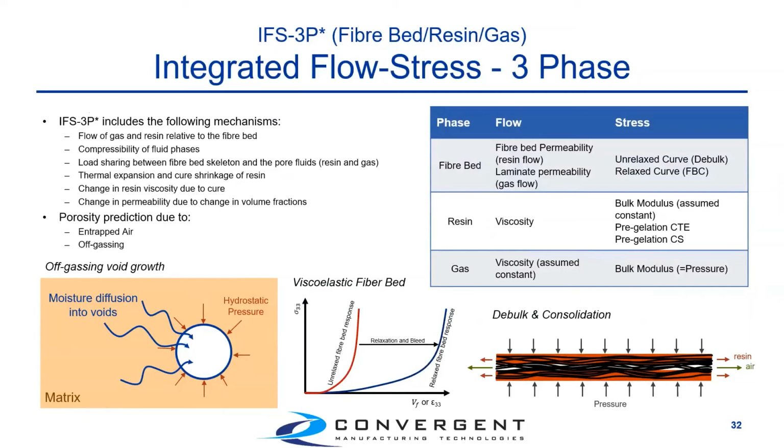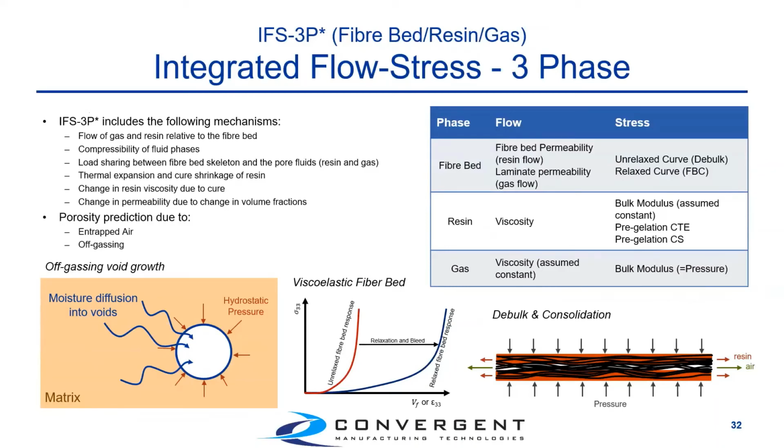One of the advanced types of simulations that can be done using COMPRO is the integrated flow stress. The aim of this kind of simulation is to predict porosity in the part. And two different major contributors to porosity can be incorporated, which is the bubble growth due to, say, moisture diffusion, or the gas that's trapped during the lamination process.